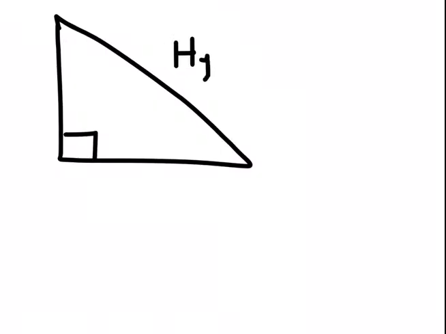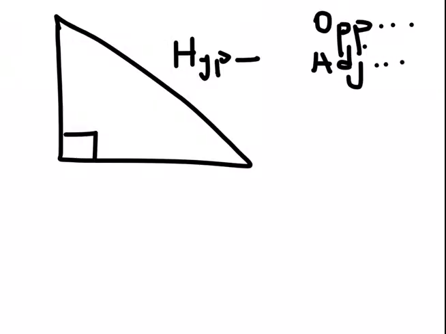Since this one is called hypotenuse, one of the other sides can be opposite, and the other side can be adjacent. So on this part of the lesson, I'm going to be teaching you how to name the sides of a right-angled triangle.